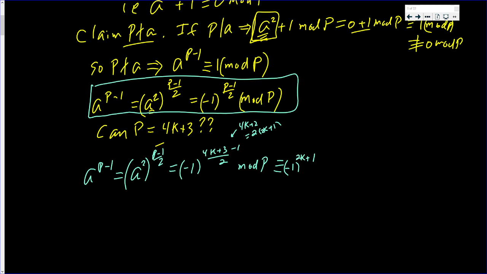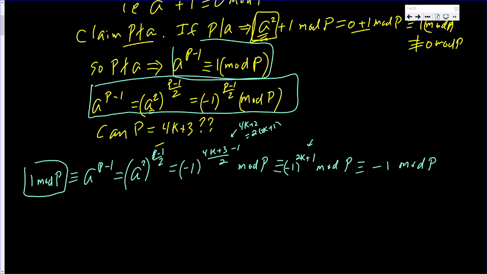But somewhere we said this as well. This is congruent to 1 mod p. Okay, so this being an odd power, that's going to become negative 1 mod p. So what we have is this is equal to this.